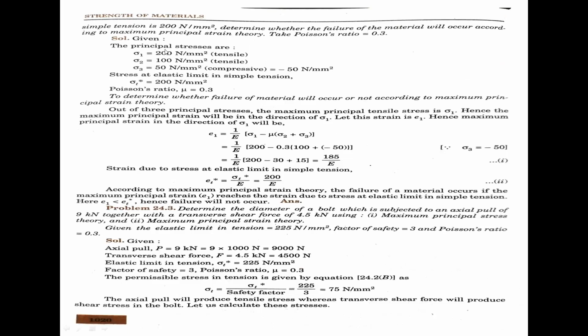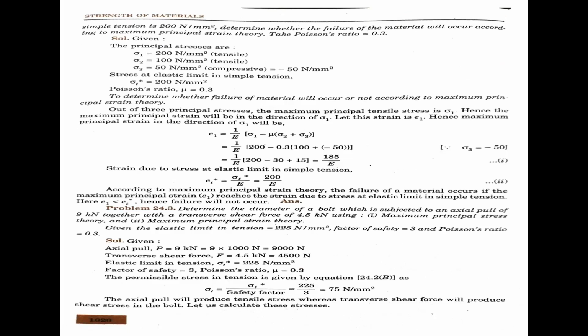Same problem, write the given data to calculate this maximum principal strain theory. Take Poisson's ratio 0.3. Poisson's ratio symbol is mu. Write the stresses: sigma 1 equal to 100 Newton per mm square tensile, sigma 2 equal to 100 Newton per mm square tensile, sigma 3 equal to 50 Newton per mm square compressive.